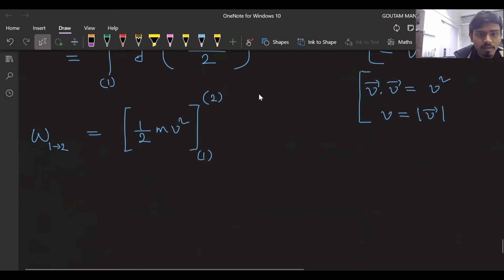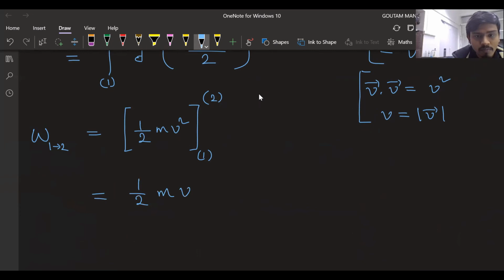So let's say at point 2 the velocity is v2, and at point 1 the velocity of the particle is v1. Then we have half m v2 square minus half m v1 square.